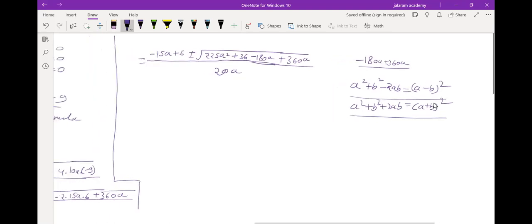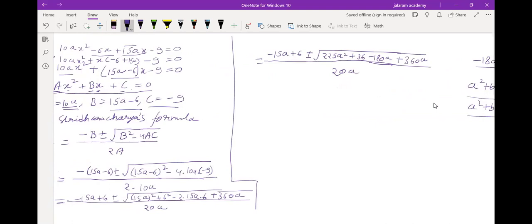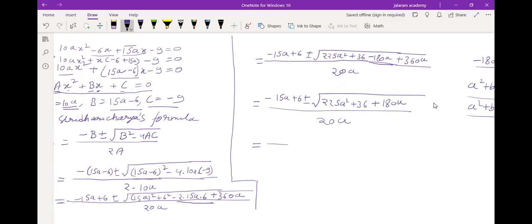In place of minus 180a, which was the expansion of 2ab when we expanded 15a minus 6 whole square, when we add these, it becomes 225a square plus 36 plus 180a, over 20a. Understood?